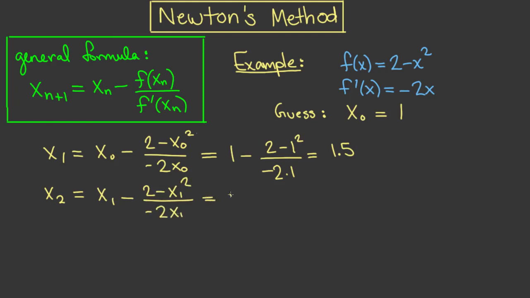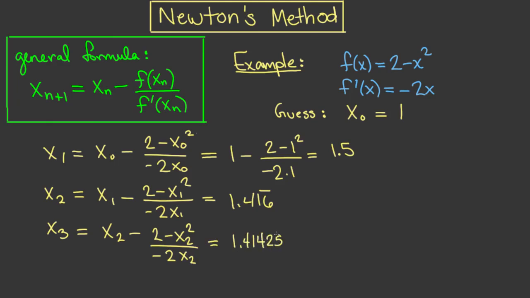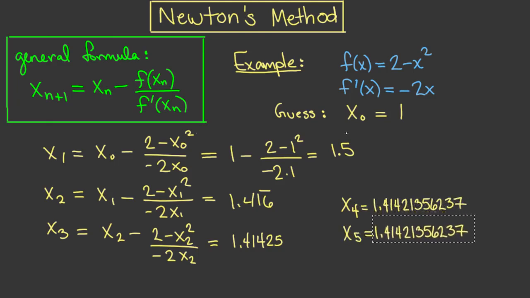And that gives us 1.416 repeating. x sub 3 is x sub 2 minus the quantity 2 minus x sub 2 squared all over negative 2x sub 2, which gives us 1.41425. x sub 4 is equal to this number, and we get the exact same number for x sub 5.